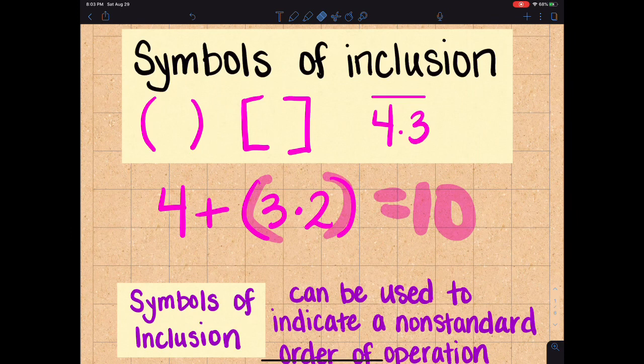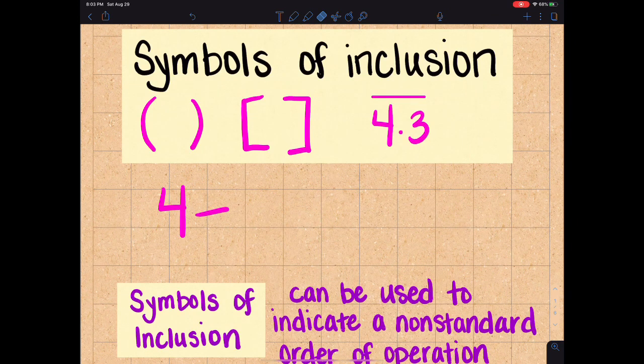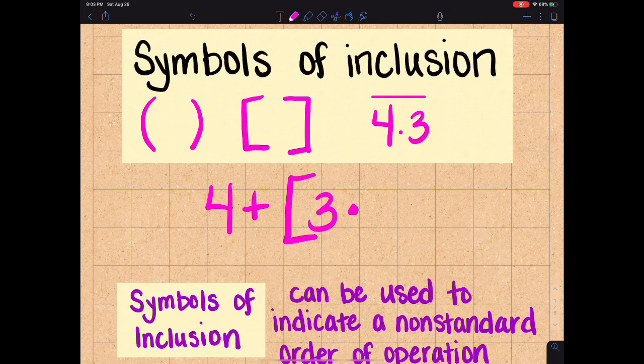Okay, but the other way to indicate it, there are different ways, is you could do 4 plus, and then put this part in brackets, 3 times 2, and of course you would get the same answer.